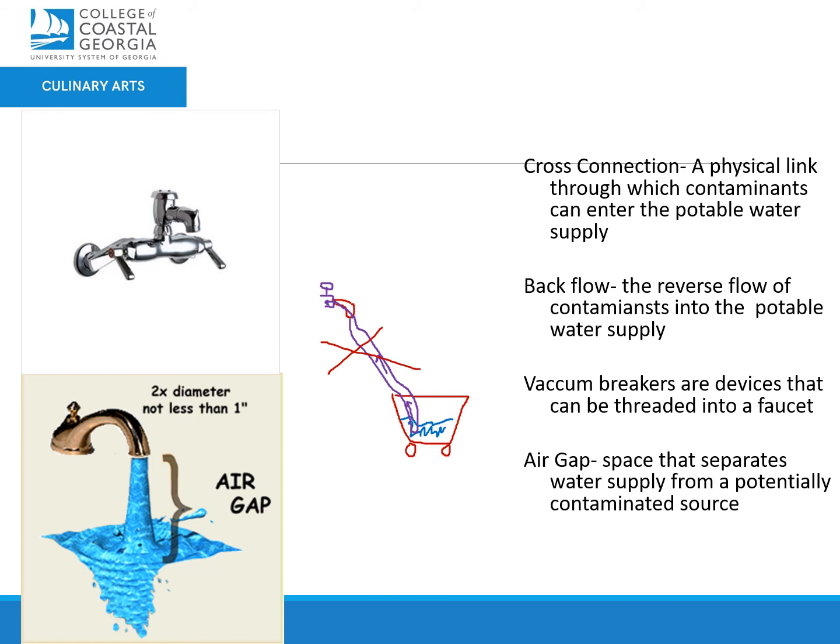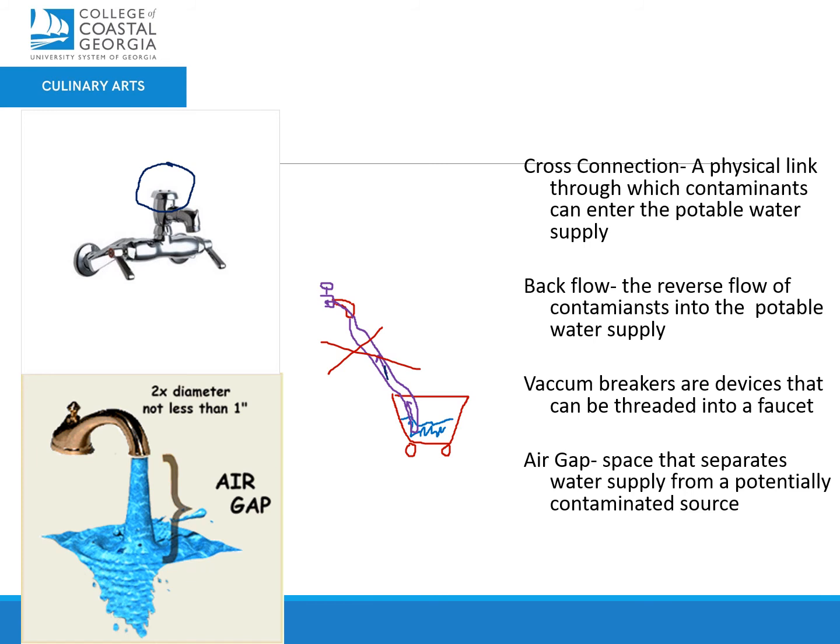This movement of liquid or contaminants into the potable water supply, this movement up the pipe, that's called backflow, and that's a serious problem. So there are some things that we do to prevent backflow. One thing is, if you look at a faucet that we have in kitchens, like the one on the left, this little device looks kind of like a bell on the top of the faucet.